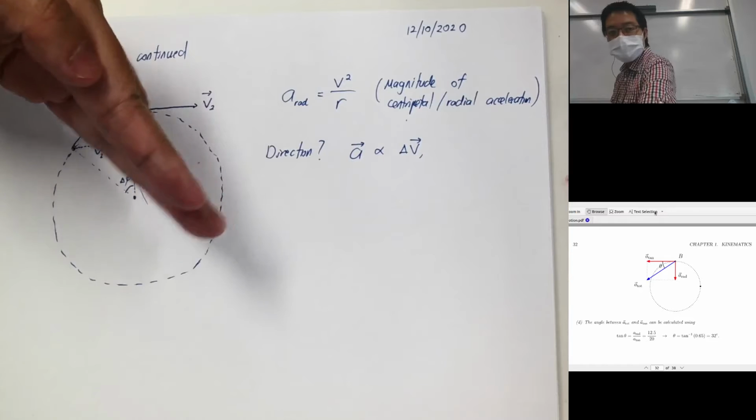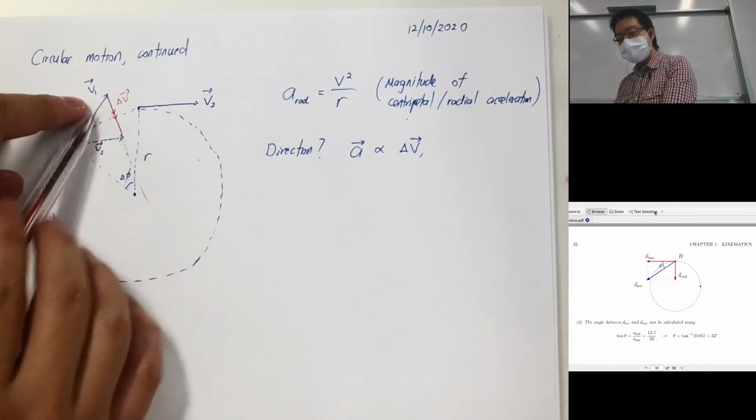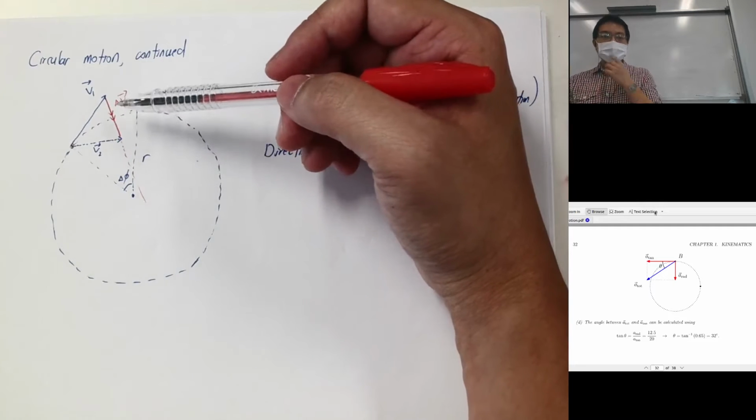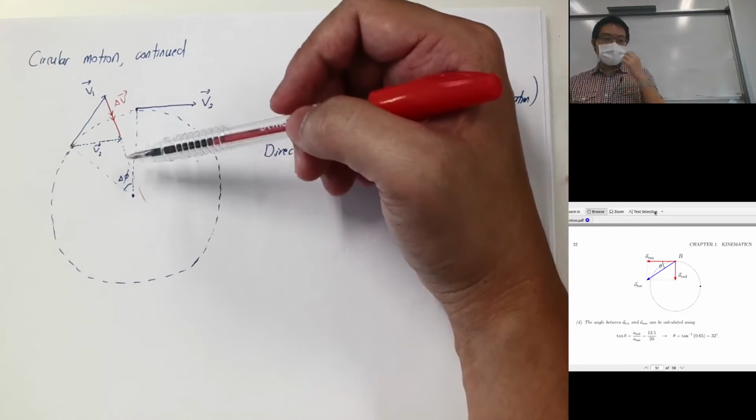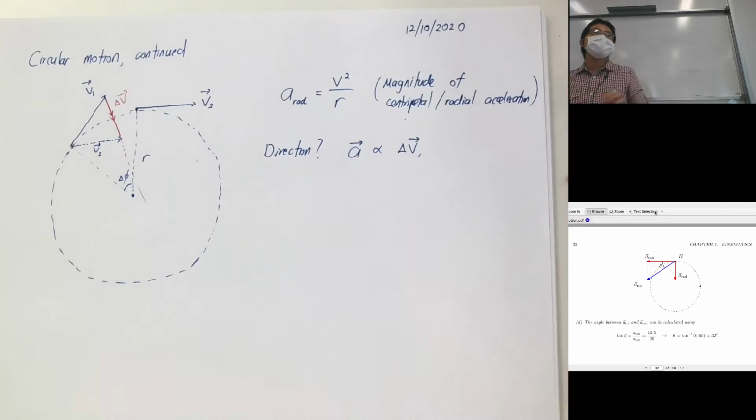If I take a smaller interval, this will be closer to this initial vector, and you can imagine that in the limit where delta phi and delta t go to 0, this vector will point towards the center. So the instantaneous acceleration vector will be pointing towards the center of the circle.